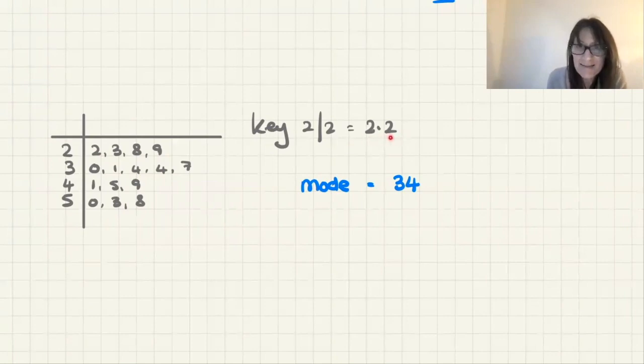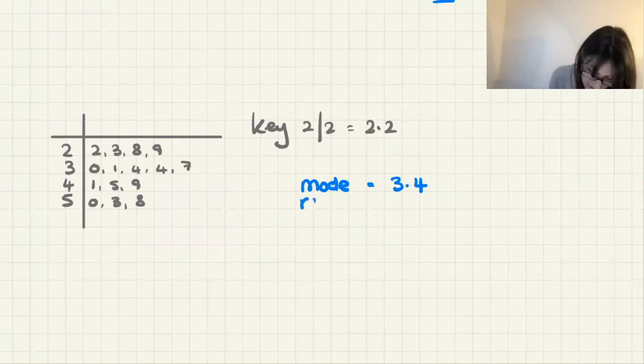The key is telling me these numbers are decimals. So actually, my answer is 3.4. So there's an example of how important that key is and that we pay attention to it. And if you did spot that and you wrote your 3.4, perfect, really, really well done.